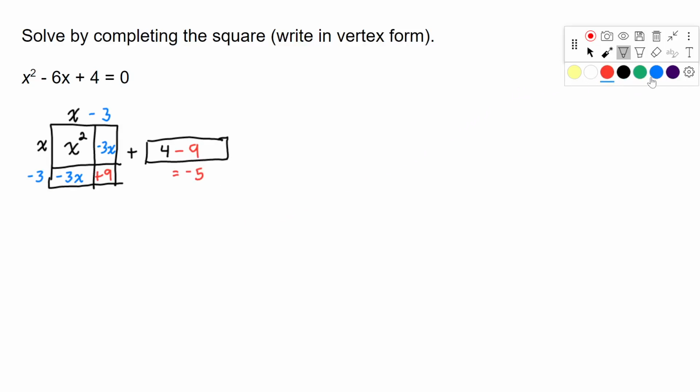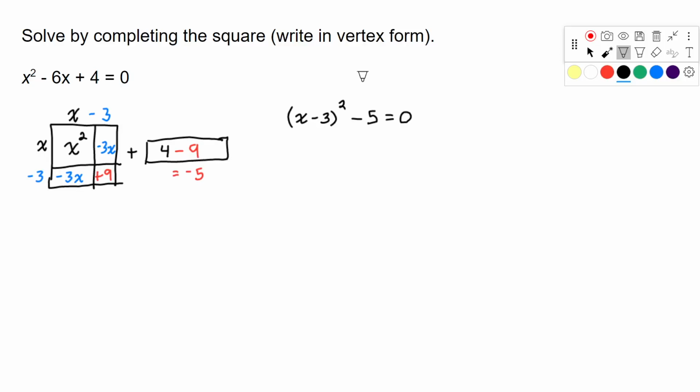So our vertex form for this problem is going to be x minus 3 squared subtract 5 equals 0. Now, unlike solving by factoring, I'm not going to keep this set equal to 0.